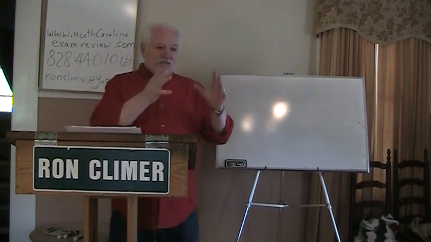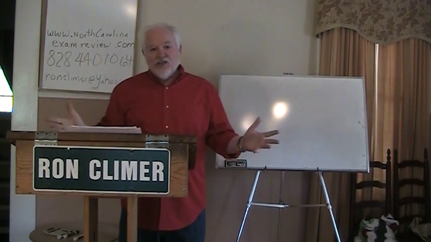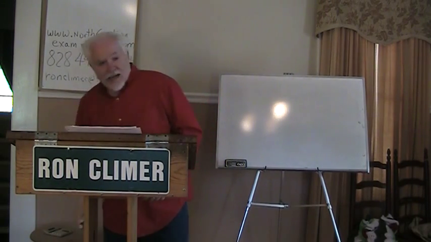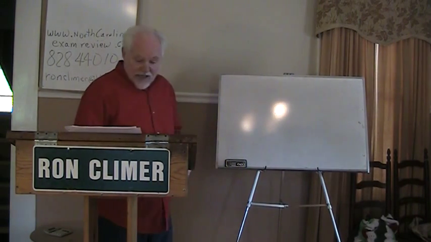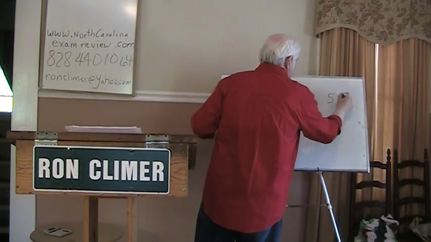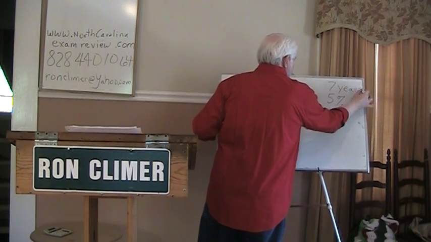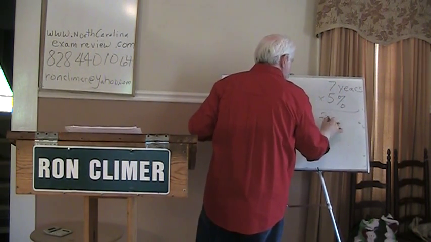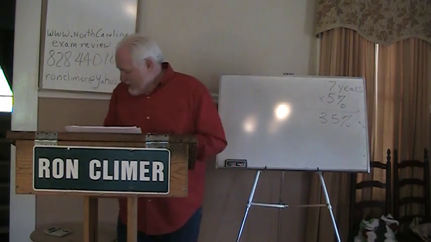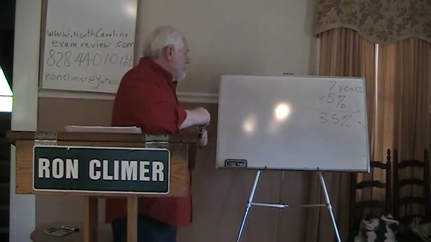So we know what it's worth today. We want to know what it was worth brand new 7 years ago if it's depreciating 5% per year. Here's what we're going to do. We take the 5% per year times 7 years, so it has depreciated 35% since it was brand new.